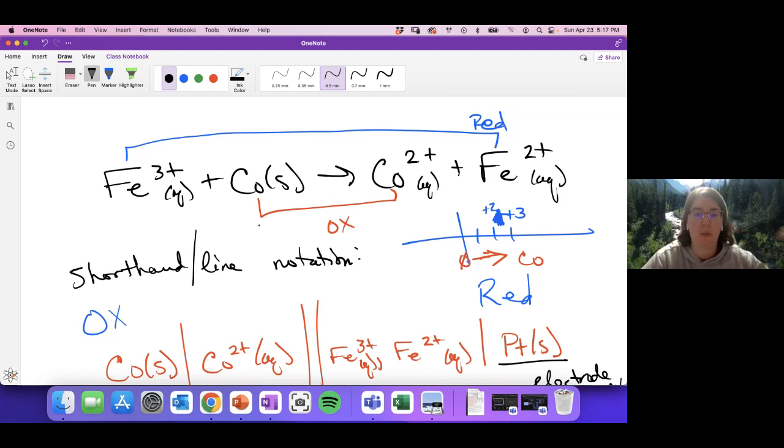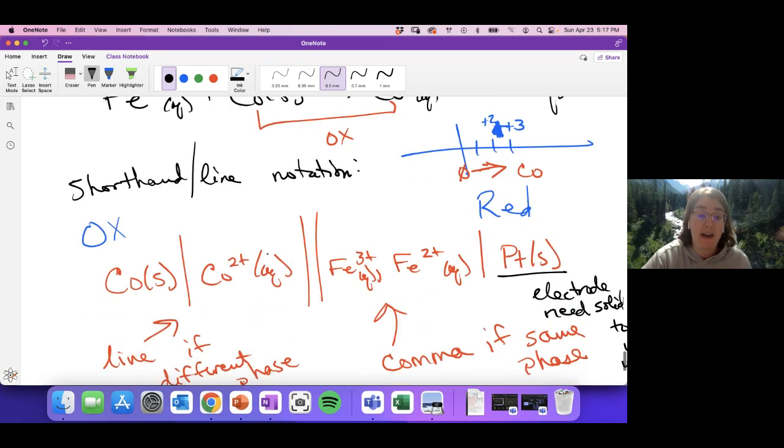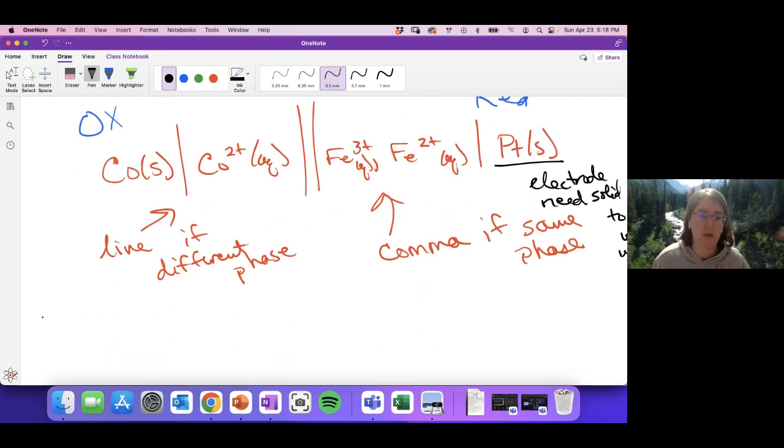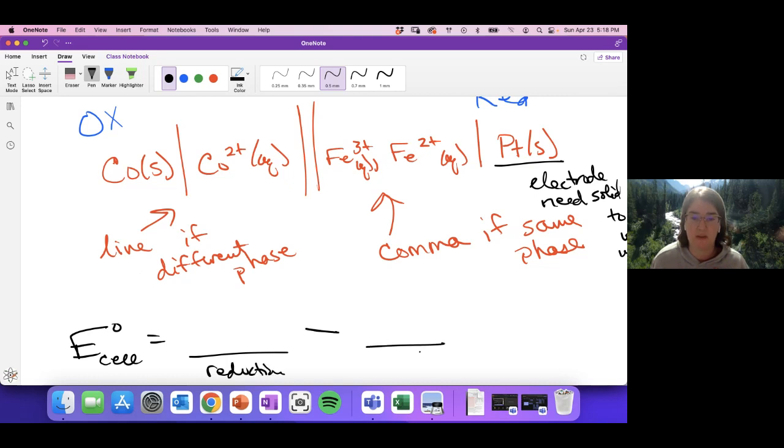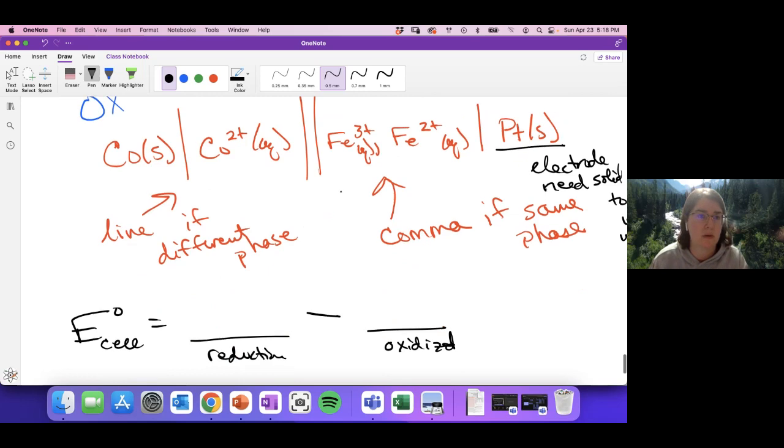So we already analyzed this one for which one's oxidation and which one's reduction. Since I have that information, the standard cell potential is equal to whatever my reduction number is minus whatever my species oxidized is. We already figured out reduction is the iron.